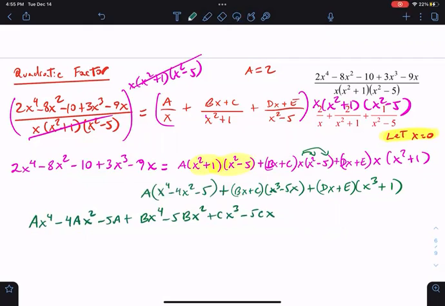Okay, so then we have to expand this one more time. So this is going to be dx to the 4 plus dx plus ex cubed plus e. Okay, so I have everything, right?